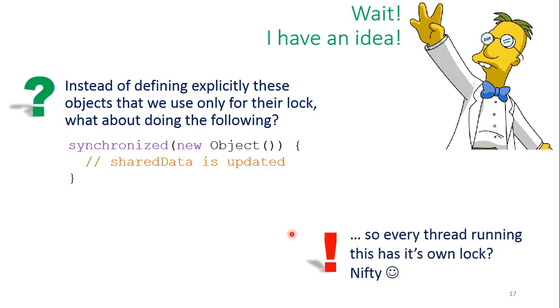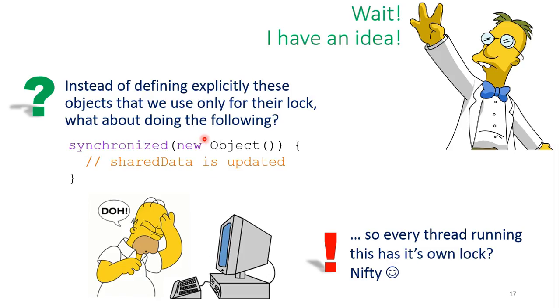The problem with this approach is that if we have 5 different threads running in parallel, and each of them is, let's say, calling the same method, dealing with the same field, we would expect to have one lock protecting that one field. Well, in this case, because we create objects on the fly, every thread that is trying to enter that method is going to have its own object created on the fly.